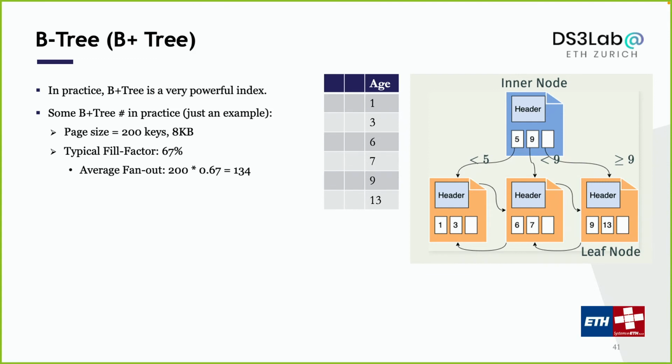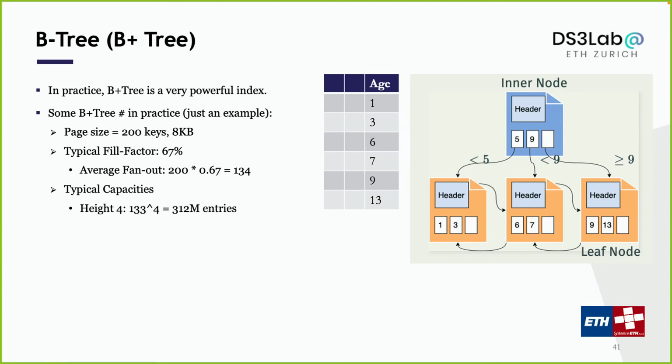And then the capacity of the tree, how many tuples you can hold by having this tree, when you have 4 different levels, the depth equals 4, if the fan out is 134 in this case, you are able to hold with a 4-level tree 300 million entries.